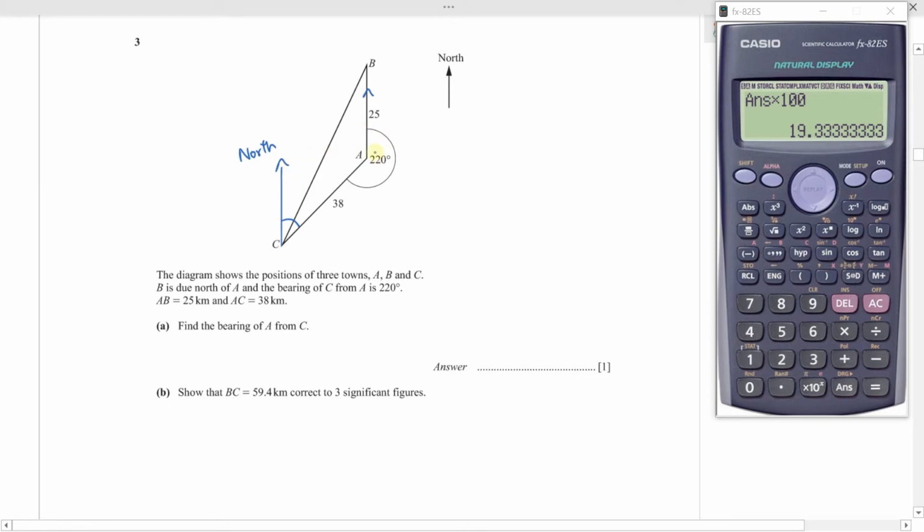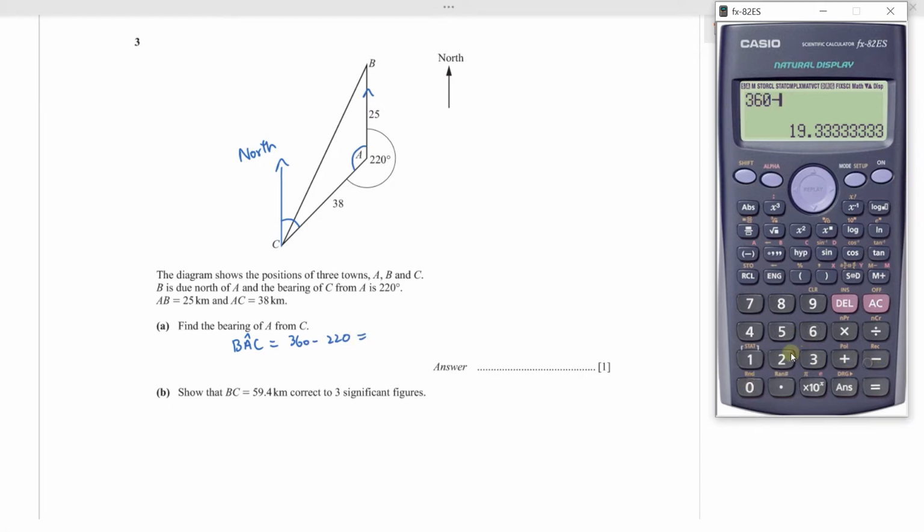So I can find this angle BAC. BAC will be 360 degrees minus 220, which is 140. So this angle is 140 degrees.